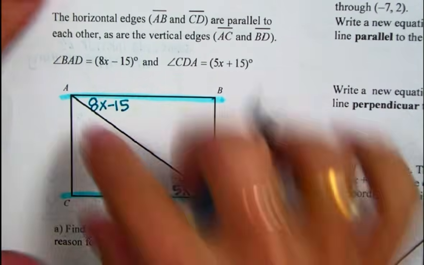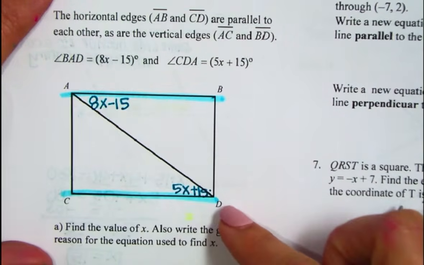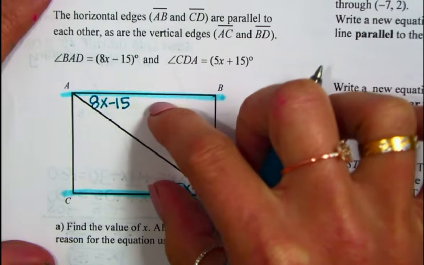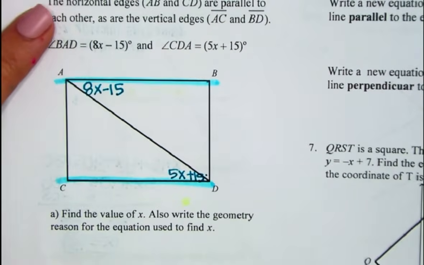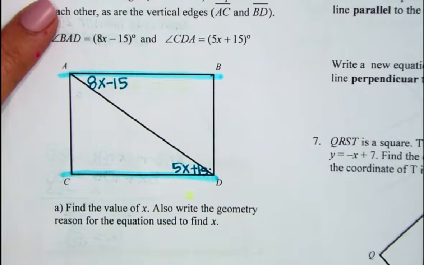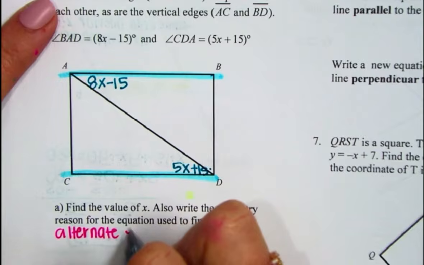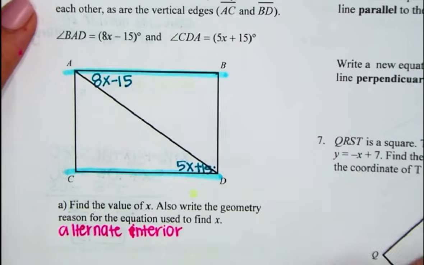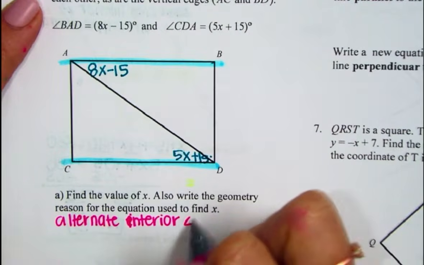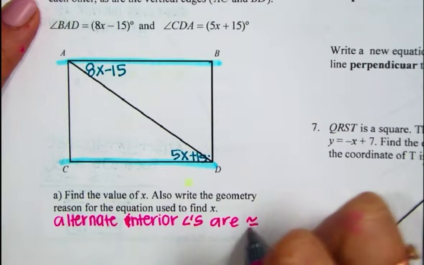So what we want to understand is these are parallel lines, and then this is our transversal. So we're on the interior of the parallel lines on alternating sides of the transversal. So these are alternate interior angles, and we know alternate interior angles are congruent.